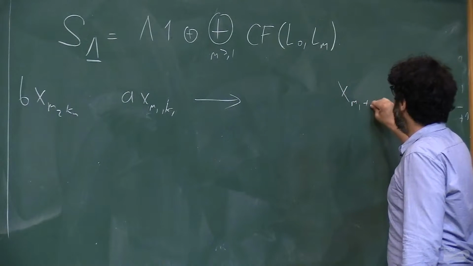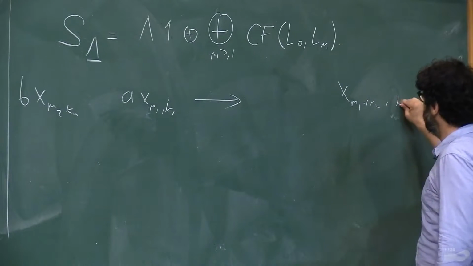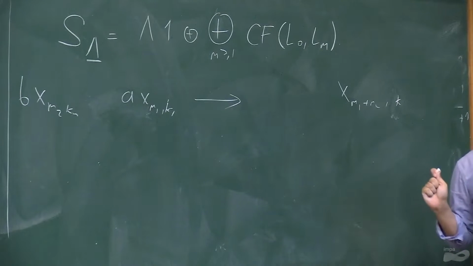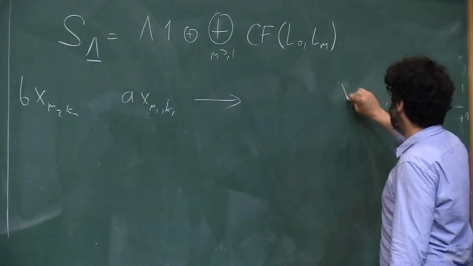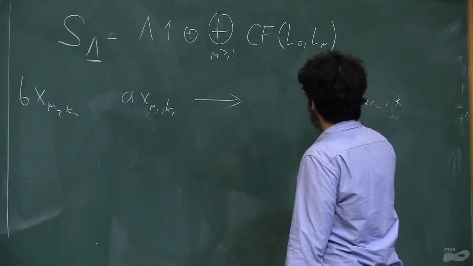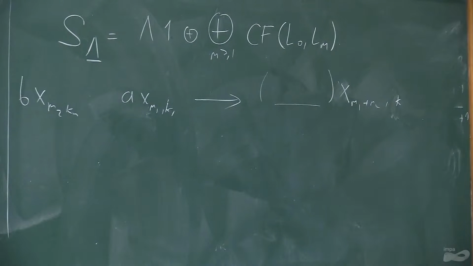X m1 plus m2. Great. So, and then there's this coefficient now. Previously, it was some t powers and so on.